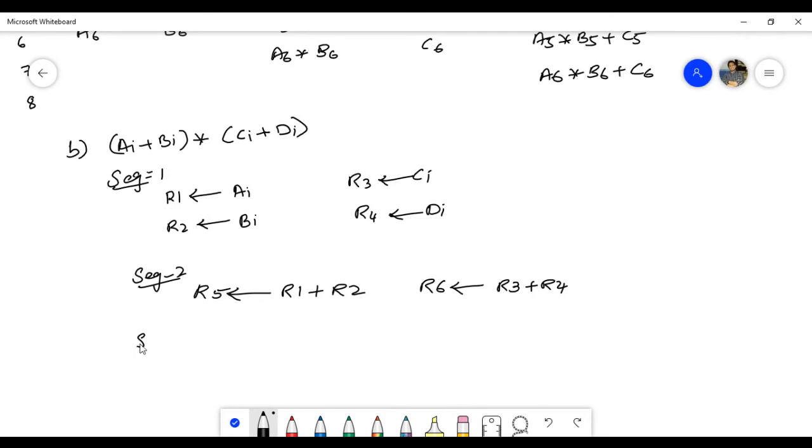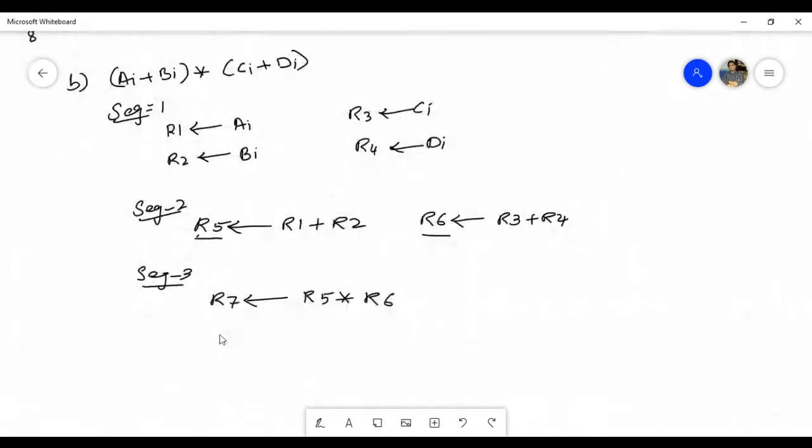This is segment 2. Next, the last segment, segment 3, implies R7, which implies R5 cross R6. The results of R1 plus R2 and R3 plus R4 are stored in R5 and R6. So this is segment 1, segment 2, and segment 3.